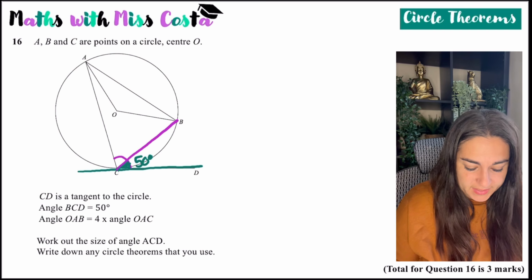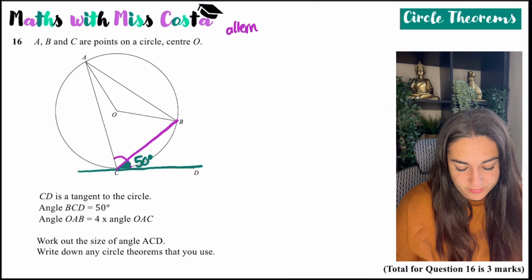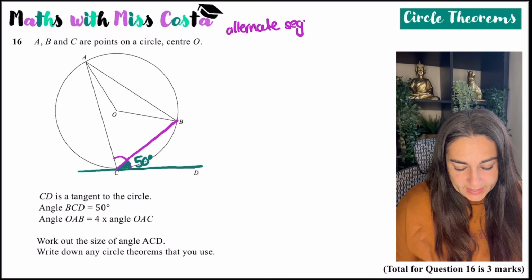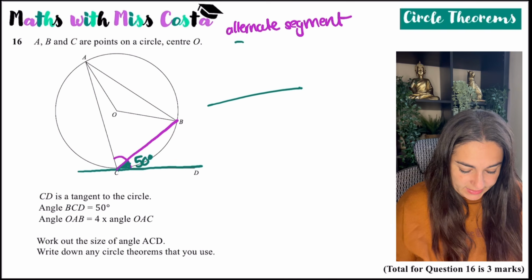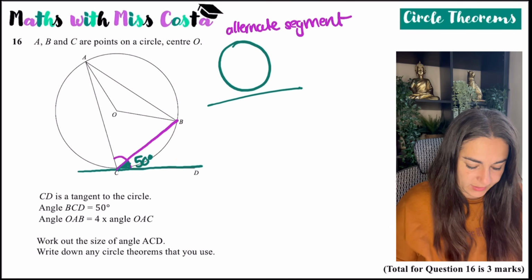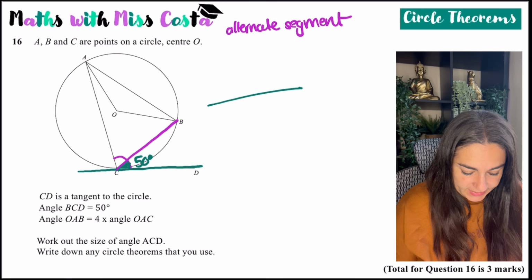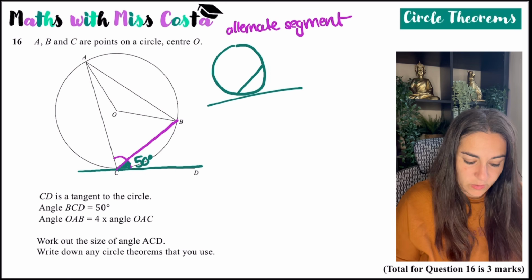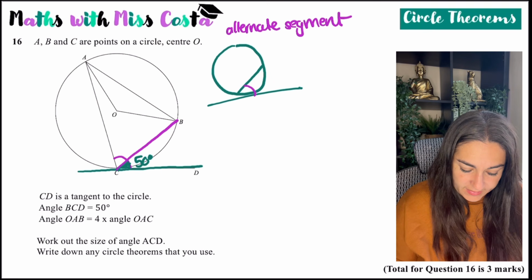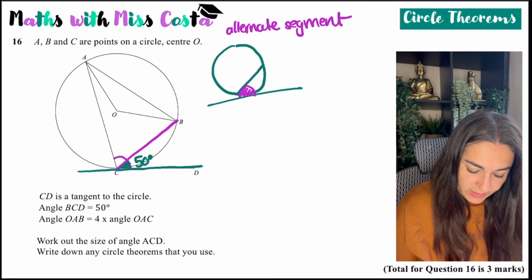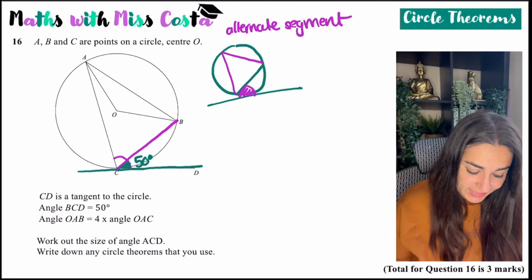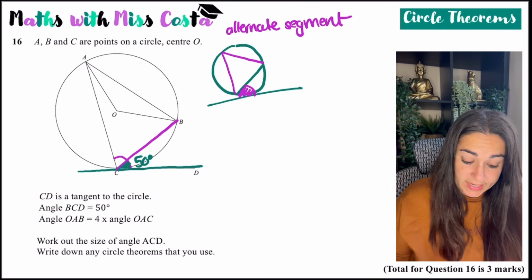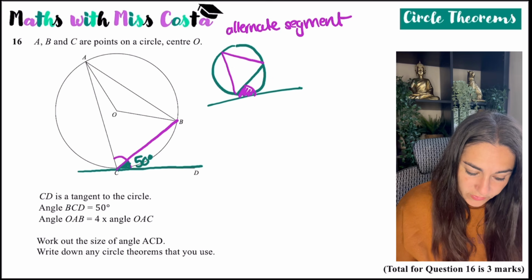It's the alternate segment theorem, and it's essentially whenever you see a tangent touching a circle, the angle between the chord and the tangent is going to be equal to the angle in the alternate segment, which essentially means it's most likely going to be a triangle, and it's going to be the angle that is not touched by the chord.